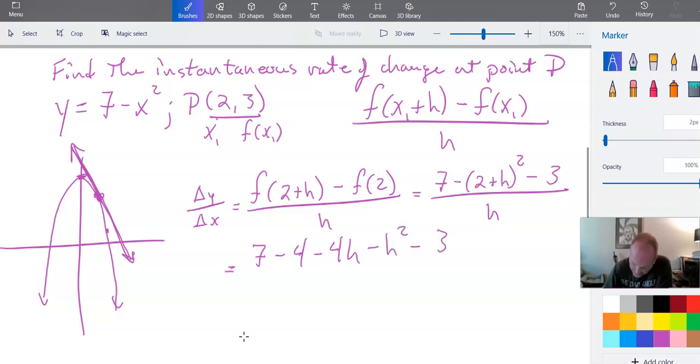The minus 3 comes from here. And we'll divide the entire thing by h. Now if we simplify, 7 minus 4 is 3, minus 3 is 0. So these guys go away, right? I don't have to worry about that now.